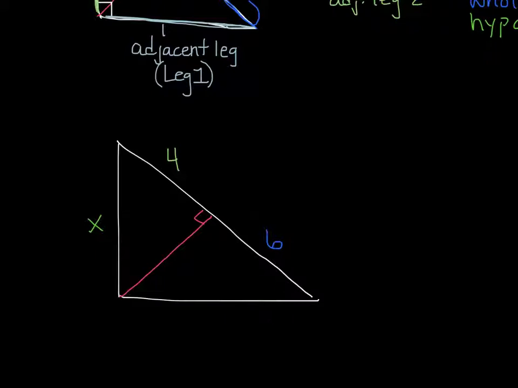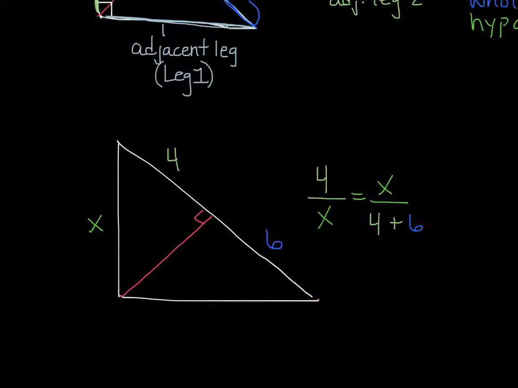Then this leg is the geometric mean between 4 and 4 plus 6, or 10. So 4 is to x as x is to 4 plus 6, and 4 plus 6 is the whole hypotenuse.